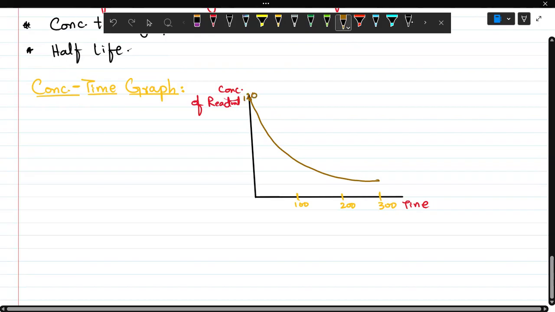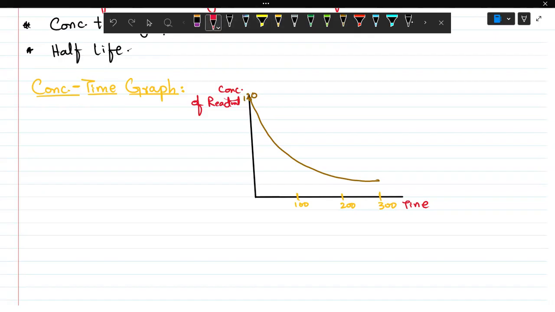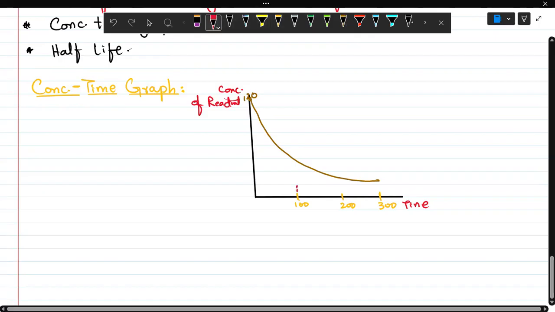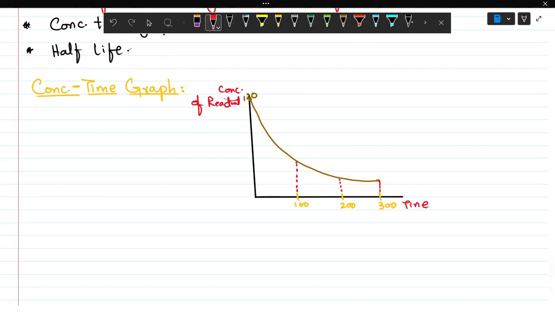On 100. Actually, it's kind of a rough graph from my side.